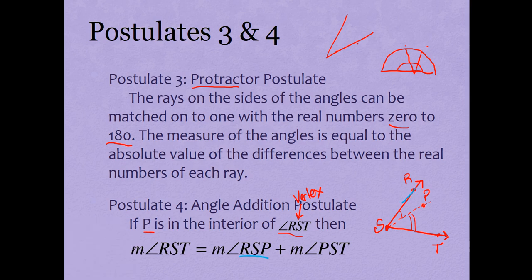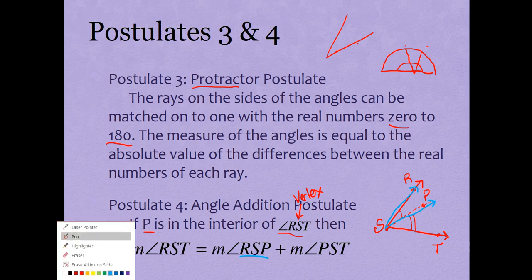RSP: it's from R to S, S is the vertex, out to P. That's how I name my angle. And then my other one, PST, starting on the line with P. Again, S is the vertex, so that's the middle letter, and out to T. That gives me my two parts of my angle.